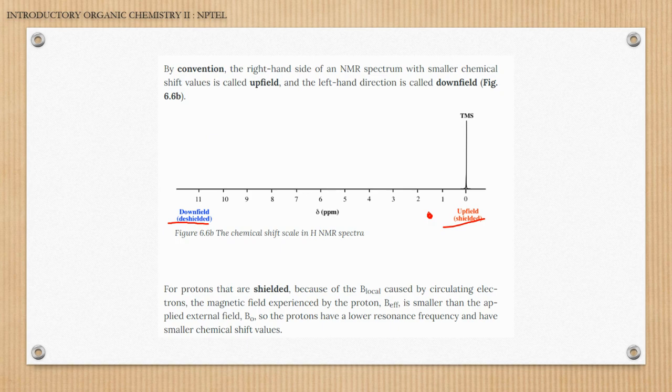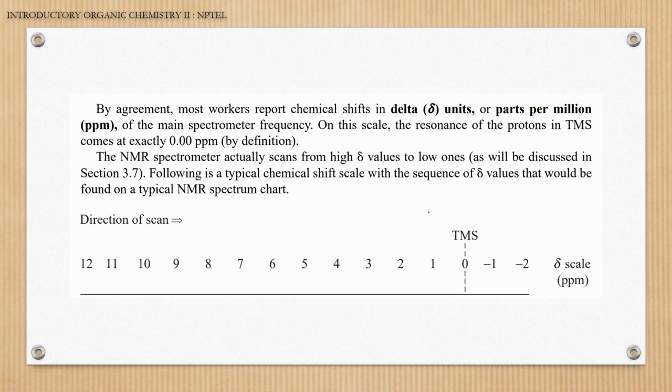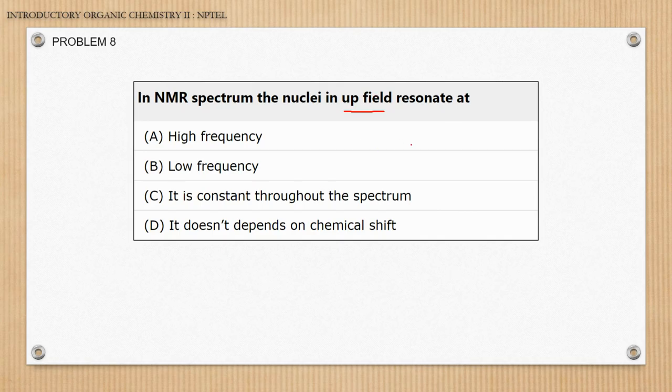So we have talked about this particular shielding effect. Now in the question they are asking that the nuclei which is present at the upfield, that is the nuclei which is shielded, will resonate at a high or a low frequency. Can anyone tell me the correct answer for this question? Low frequency.